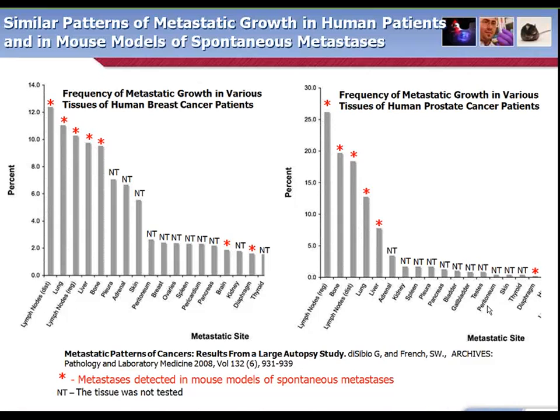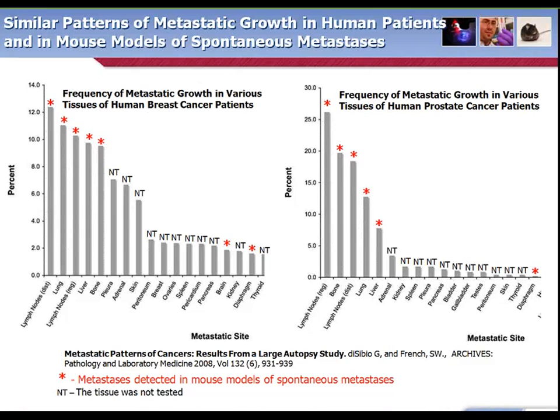And the last point, and this is the last slide, the last point I want to make, which illustrates some of the value of doing these orthotopic models and looking at spontaneous metastases, is that this slide on the left side shows the frequency of metastatic events in human breast cancer patients. On the right side, it shows prostate cancer patients.